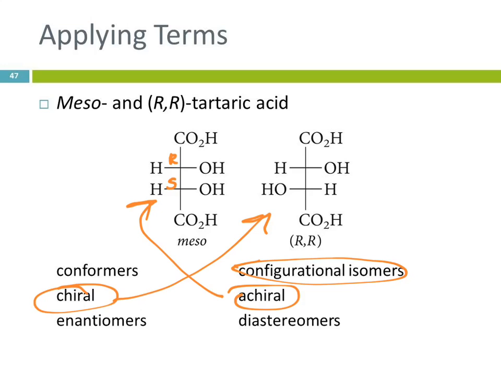Is that confusing? So what makes the other one chiral? This one's chiral because if you draw the mirror image, you cannot superimpose it on the original. This one, because of its plane of symmetry, right along here, when you draw the mirror image, all you have to do is rotate it 180 degrees and you have exactly the same molecule.